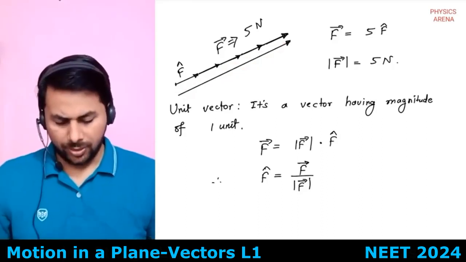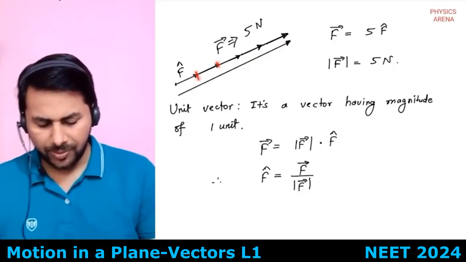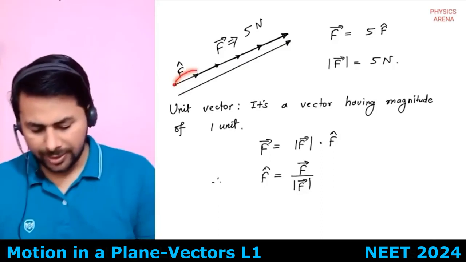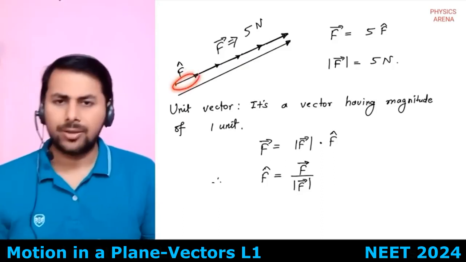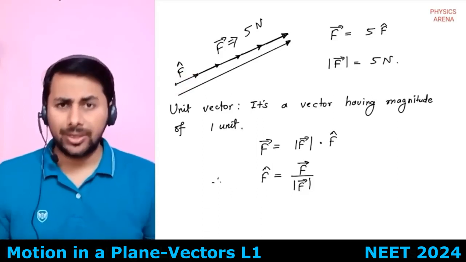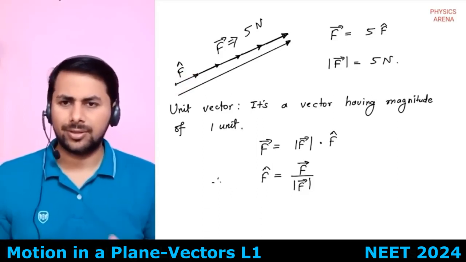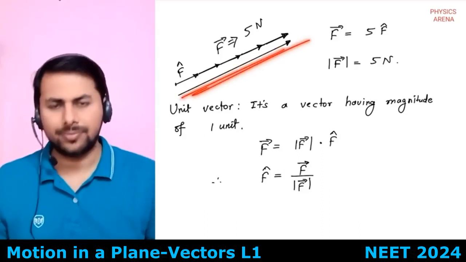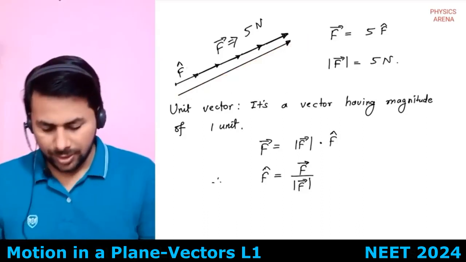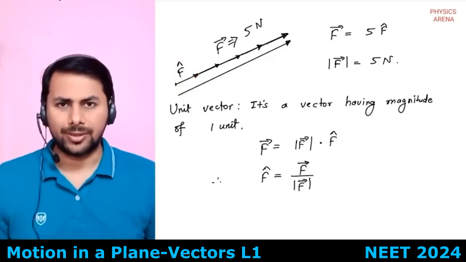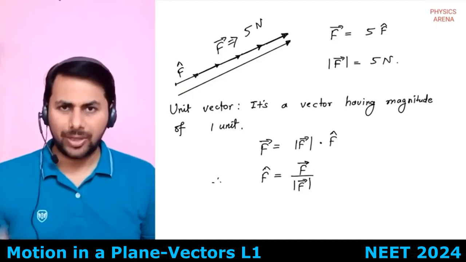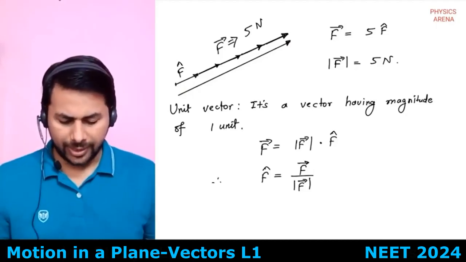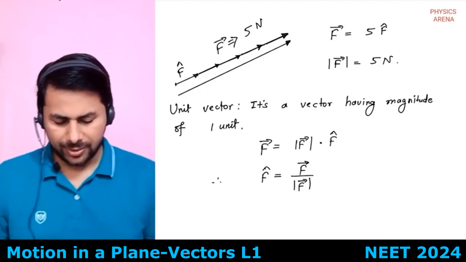Obviously, if I break it into 5 parts and consider any one part, that one part will represent a force of 1 newton, in the same direction as this arrow. This one is known as a unit vector. A unit vector is a vector having a magnitude of 1 unit in a specific direction.